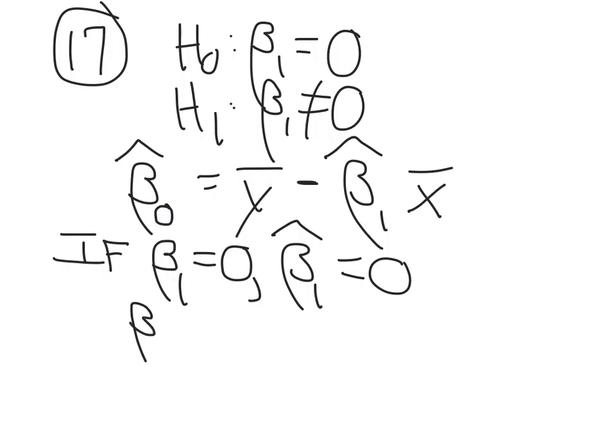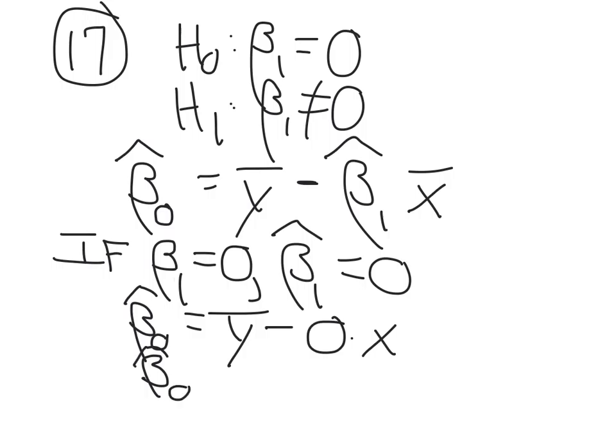So then when you go to plug this back in here, you're going to have y bar minus 0 times x bar, and beta 0 is equal to y bar. So that means your intercept term is simply going to be the mean of the y's.